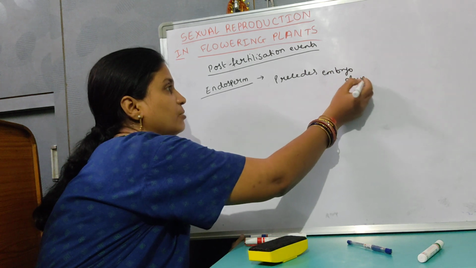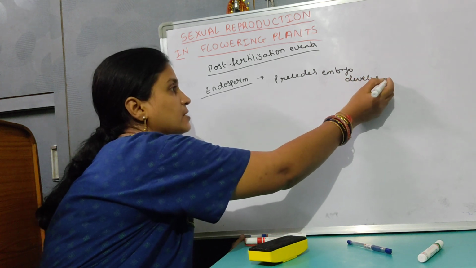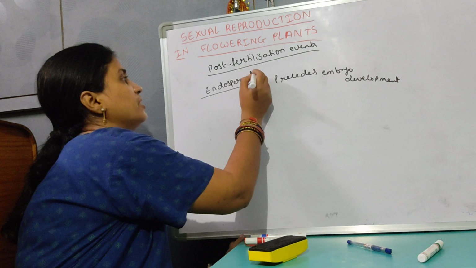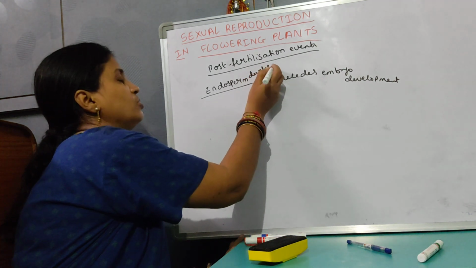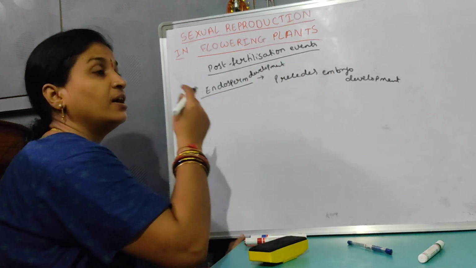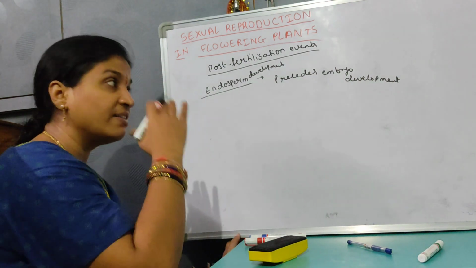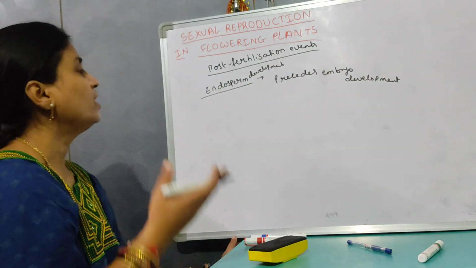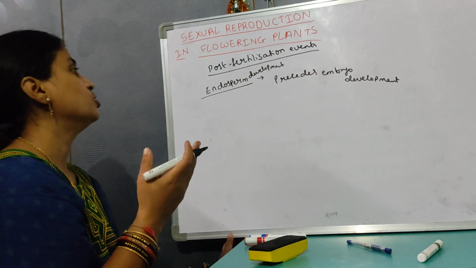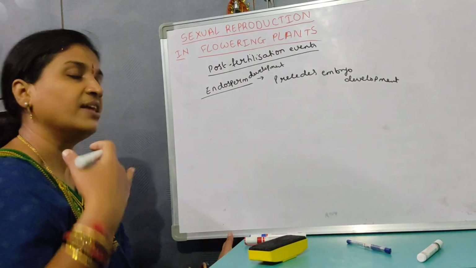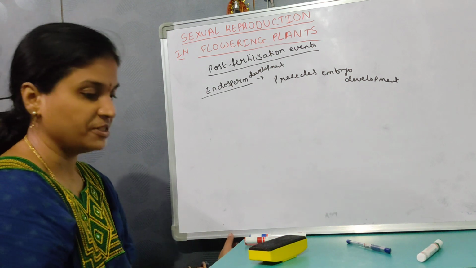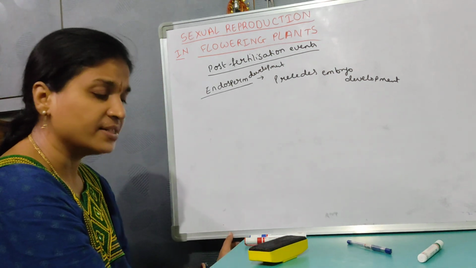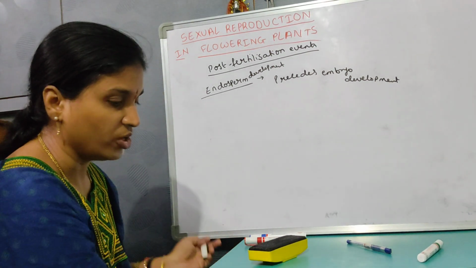Before the embryo development only, the endosperm development is going to occur, because it's a nutritive tissue. It has to be formed first, then it will provide nutrition to the embryo. So that's why this endosperm development happens first, then the embryo develops.